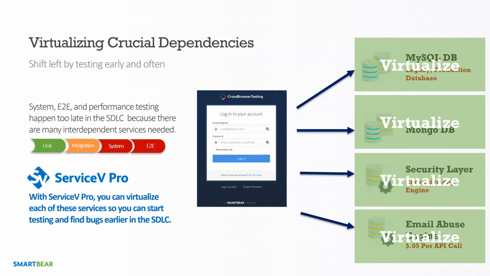Throwing 100,000 fake virtual users at this login screen is going to result in not only angry managers, but also maybe some angry finance folks as they look at the bill for this, let's say, email abuse engine that all of a sudden 10x'd because it's November and we felt we had to make sure that our website was ready for the holidays. So huge, multiple layers of our application.